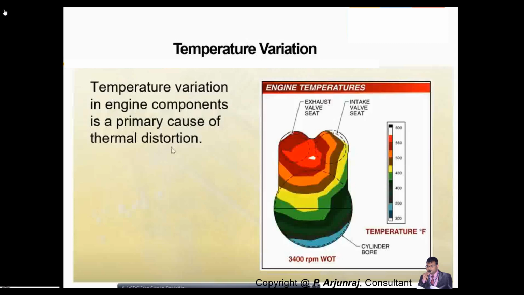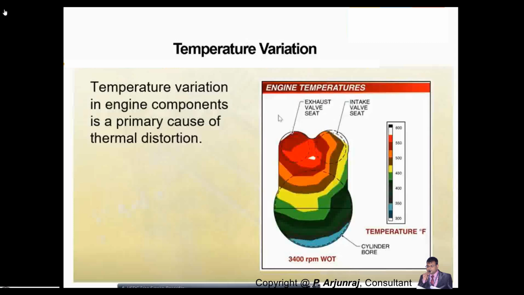The primary cause of thermal distortion is coming from most of the components, not only the valve seat. You see, this is the valve seat area. The intake valve is subject to less temperature because here you have only air coming into the picture, whereas because of the exhaust valve, the temperature is going to be much higher.